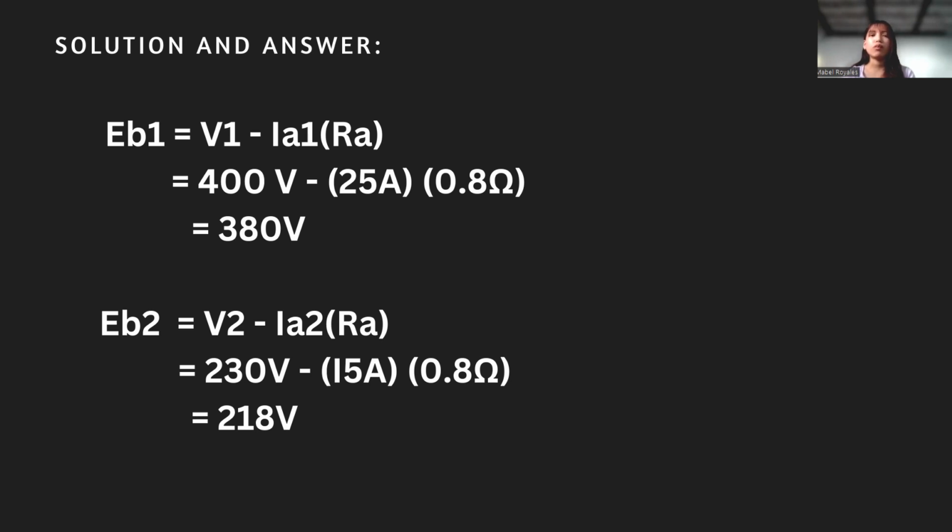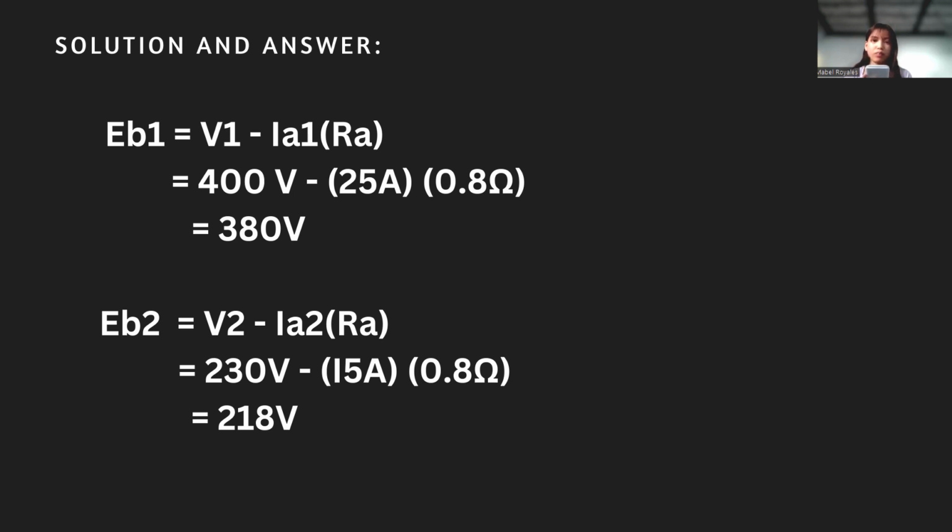The formula to get EB1 equals V1 minus IA1 times RA. IA is the armature current 1. It is the same for EB2, just replacing 1 with 2. So, let's solve. For EB1, V1 minus IA1 times RA.